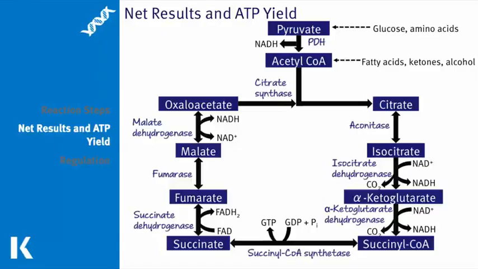Before we even reach the citric acid cycle, NADH is produced in pyruvate decarboxylation. Then, as we form alpha-ketoglutarate and succinyl-CoA, two more NADHs are produced. A GTP is produced in succinate formation, an FADH2 in fumarate formation, and one more NADH as we reform the oxaloacetate.